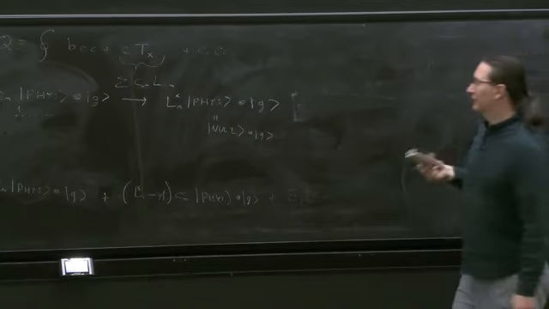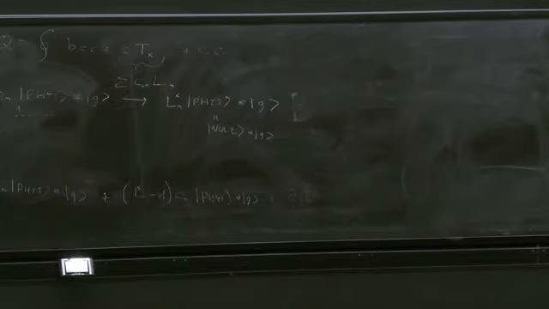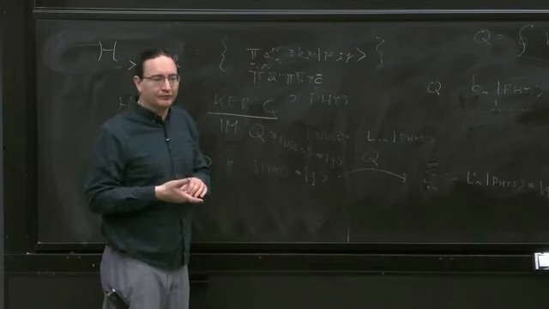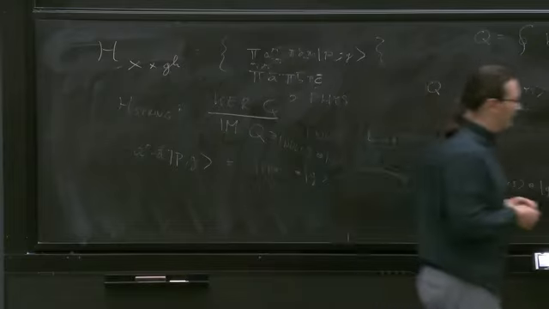Okay, and this can be used to show that the procedure we were using to discuss physical states modulo null states pretty much reproduces kernel modulo image of Q. There is a theorem that one can prove that this is the case.